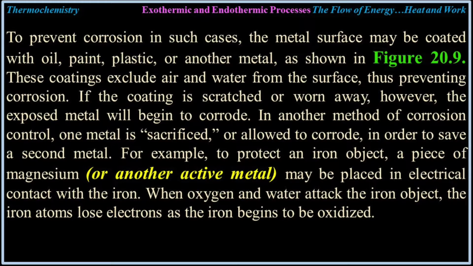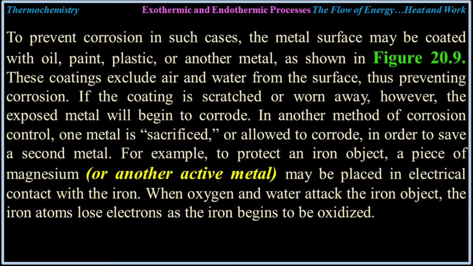To prevent corrosion in such cases, the metal surface may be coated with oil, paint, plastic, or another metal, as shown in figure 20.9. These coatings exclude air and water from the surface, thus preventing corrosion. If the coating is scratched or worn away, however, the exposed metal will begin to corrode.